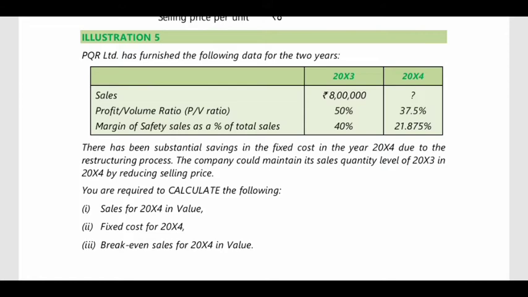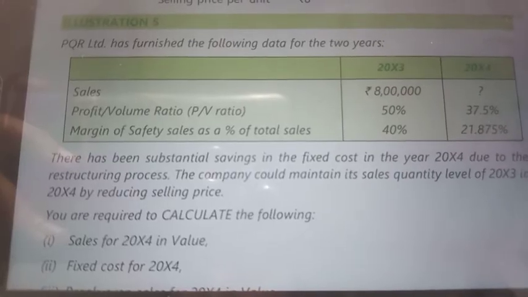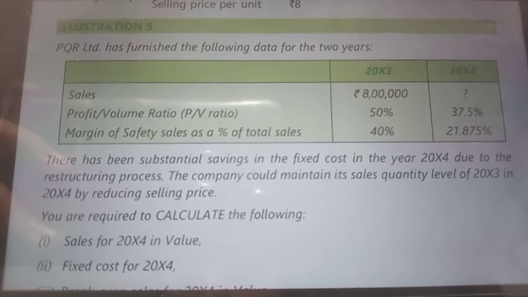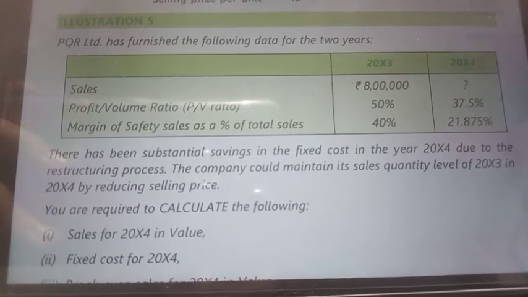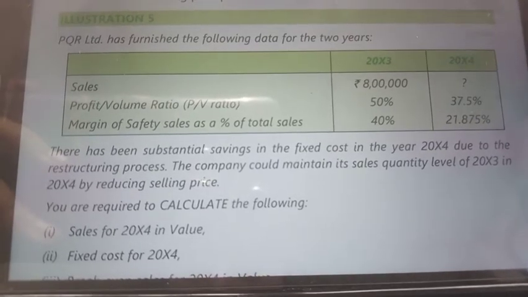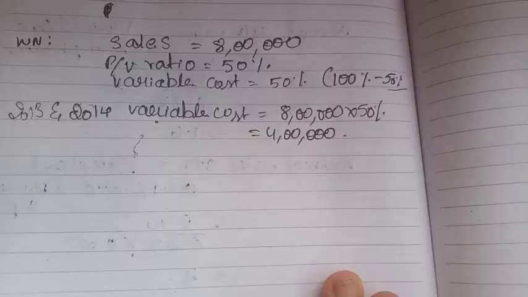1. Sales for the 2014 in value. Second, fixed cost for 2014. Third is break-even sales for 2014 in value. In this question, they haven't provided any information to calculate any values for the year 2014. So using the previous year, we will calculate those.